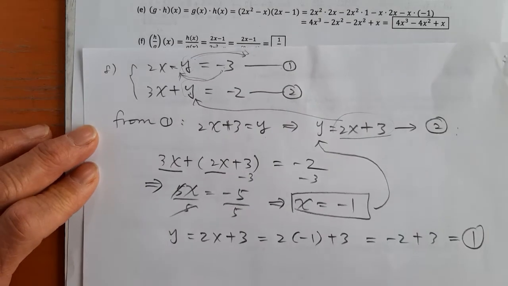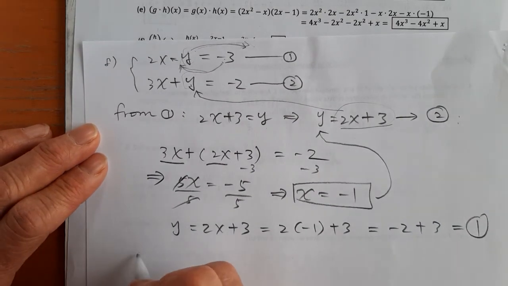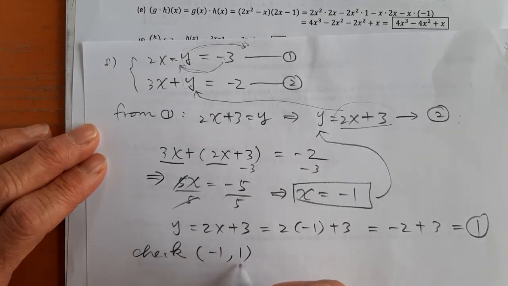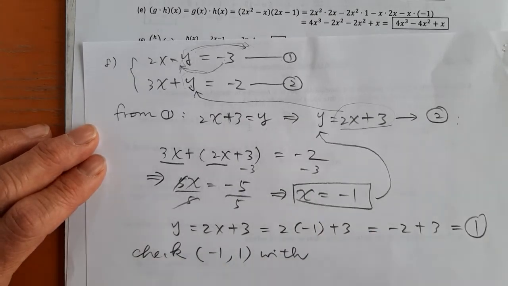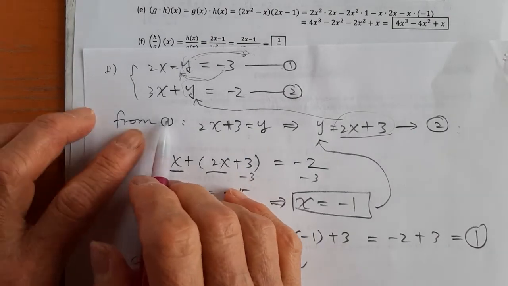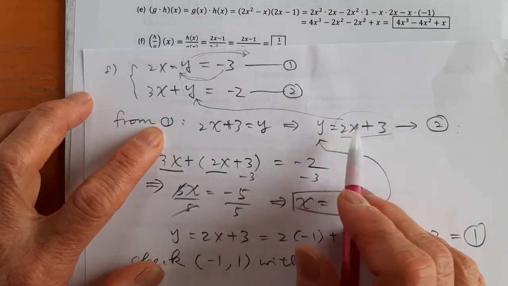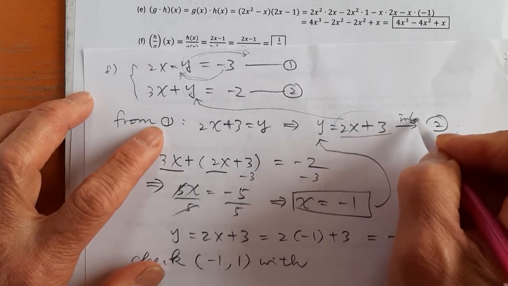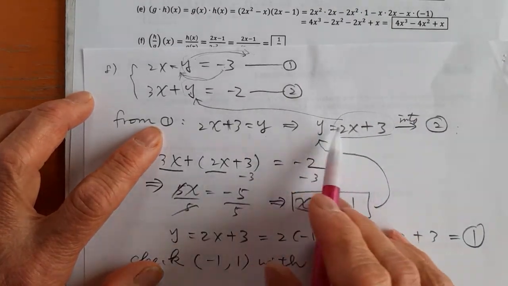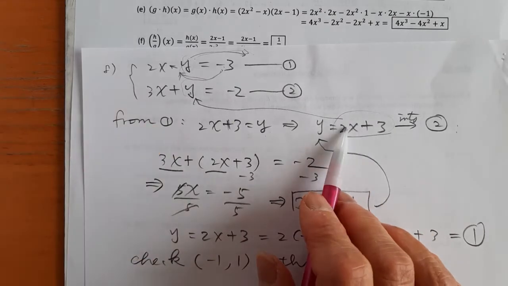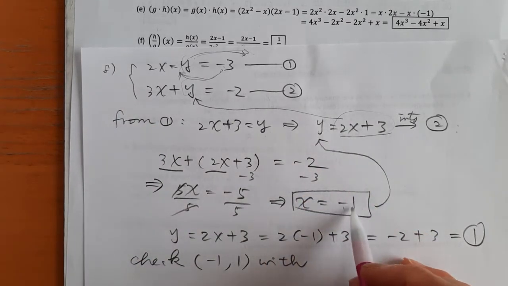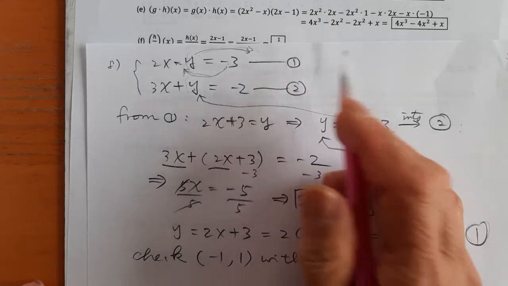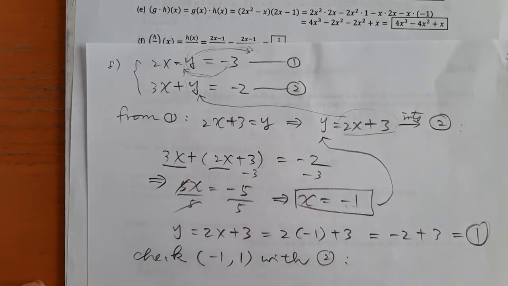So then we have to check with x is negative 1, y is 1. With which one? Because from the first equation we got y equal 2x plus 3, we don't check with the first equation, we check with the second equation.